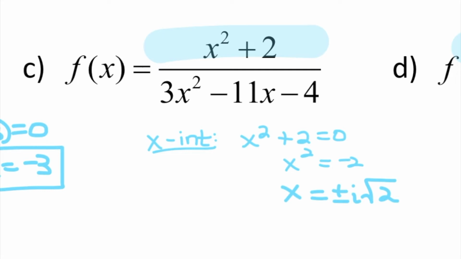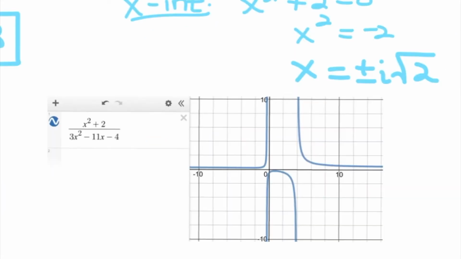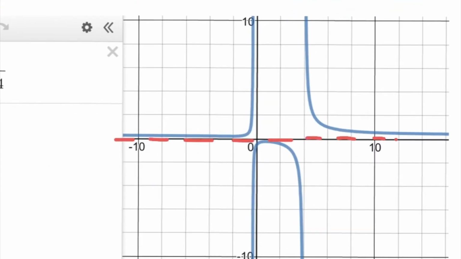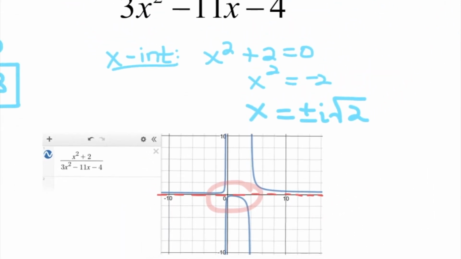Here, I'm saying that this graph would have imaginary solutions. If you were to solve this equation, set the equation equal to 0 and solve that equation, you would get these 2 imaginary answers, positive i radical 2 and negative i radical 2, and those are not going to be reflected in your x-intercepts. Now, if you were to actually graph this, what you'll see is that you have a horizontal asymptote on the x-axis, and even in the middle, the graph doesn't touch the x-axis, and so there are no x-intercepts.